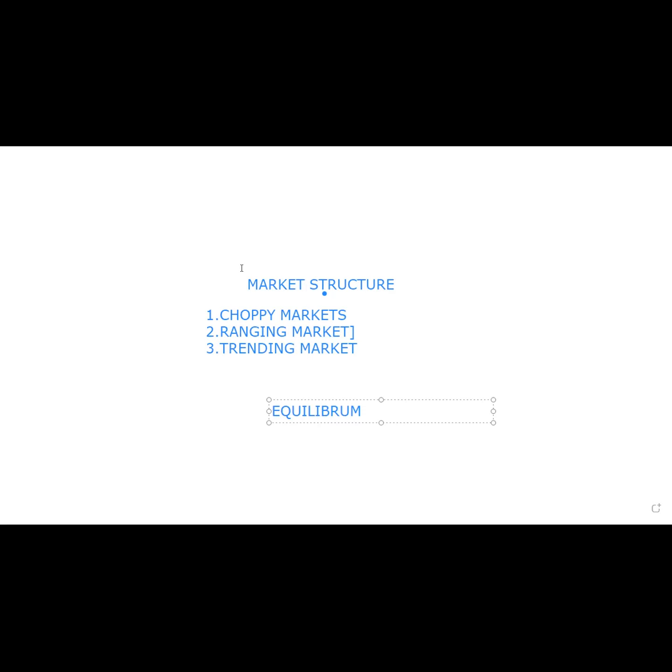Now, the number two type of market is a ranging market. A ranging market, as the name implies, is a market that moves sideways, and this is caused as a result of equal strength between buyers and sellers. I now said notes, and this is where it is important. If you don't note this, you wouldn't know how to trade it.